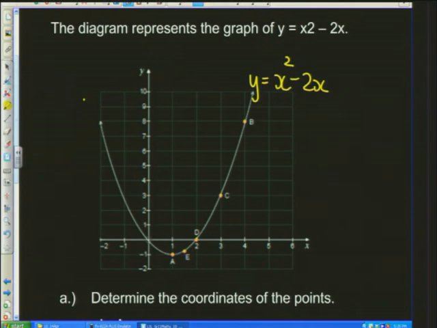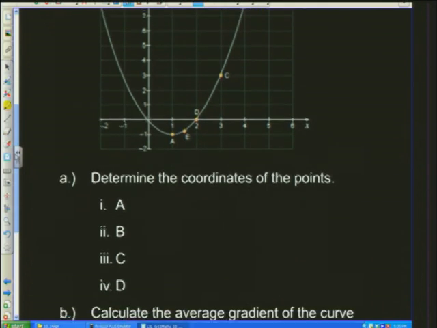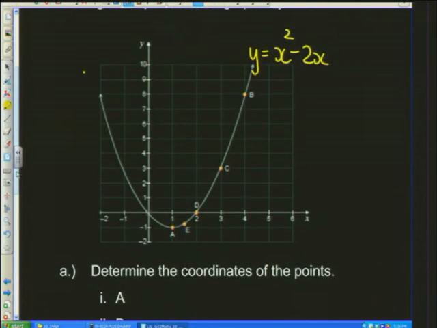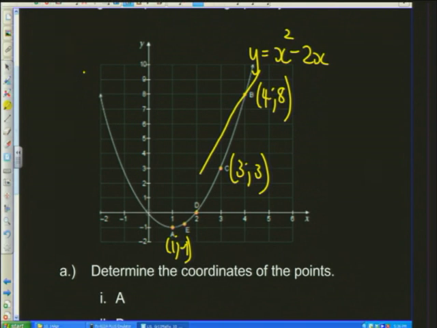And we'd like to determine the coordinates of those points so that we can work out what is the average gradient between A and B, between A and C, between A and D. So if we go back and work out what the coordinates are and just say that this is 4, so this point is 4 and that is 8, and C is the point 3, 3, and D is 2, 0, and then A is the point 1, -1, then if I work out the average gradient of AB, I'm working out this gradient there.